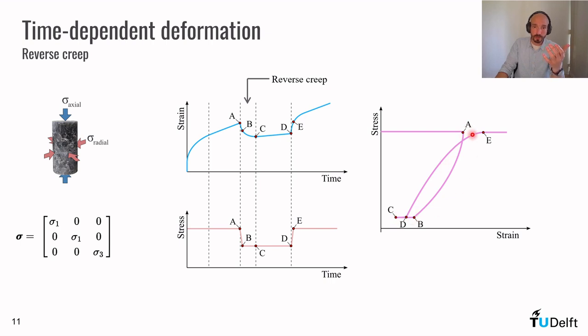It goes from A to B, and then it moves to the left, and this point C marks the lowest point of deformation. After this point, the deformation starts to increase again. So after point C, it starts to move to the right again until it reaches point D, where the reloading takes place. This is very characteristic.